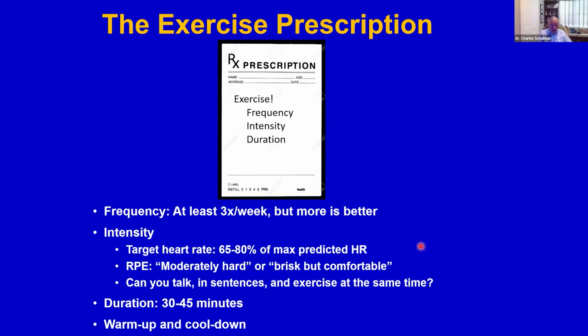You really have to know you're exercising. Walking in and out of stores in the mall doesn't count. Well, any walking counts, but it's not in my exercise prescription. And the duration is 30 to 45 minutes with warm up and cool down periods.